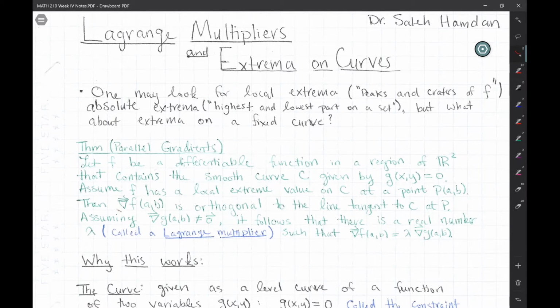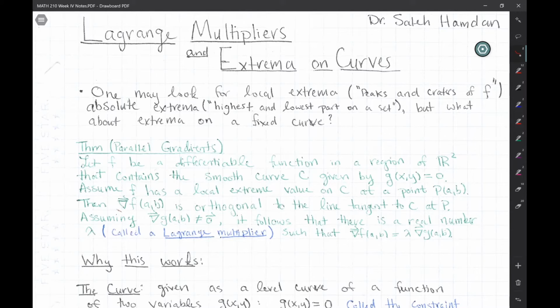And it could occur at the peaks and craters of Wyoming, or it could occur at the boundary. Say there's a mountain between Wyoming and Montana, and the highest point could occur at the boundary there. So the analog question to absolute extrema is what is the highest point in Wyoming, for example.